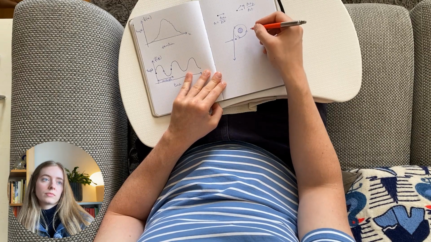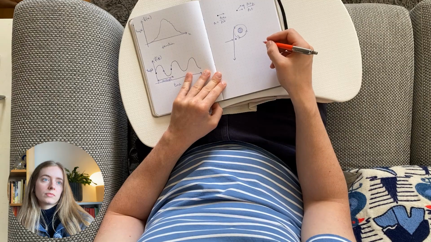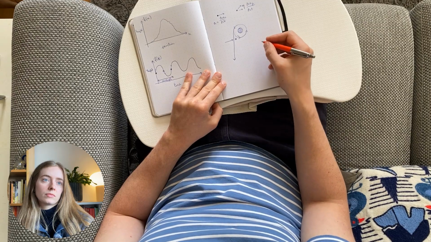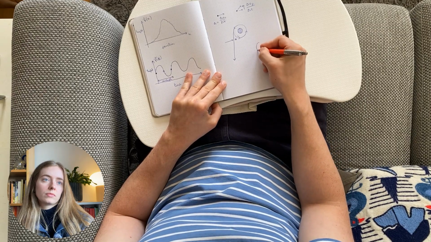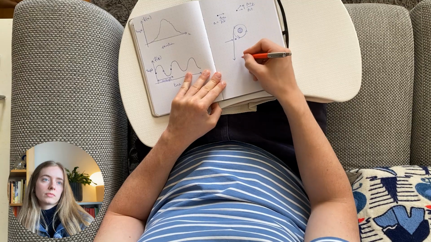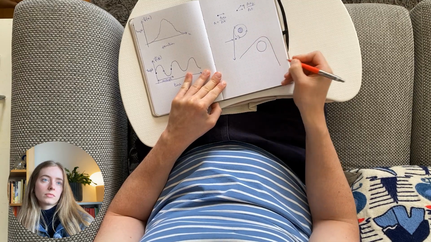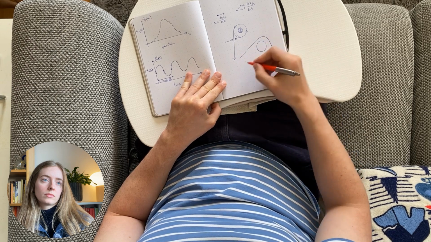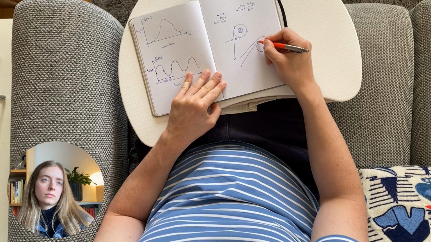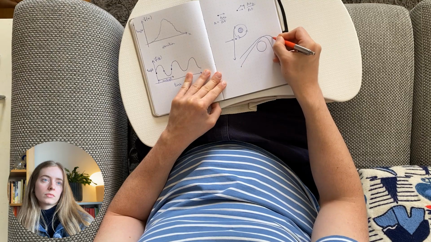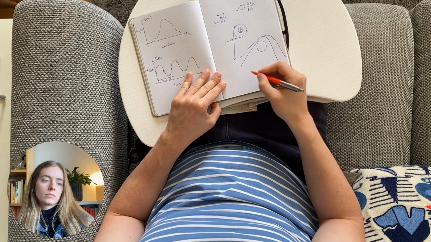But most solutions are not going to look like a perfect circle. You're going to come in and then you're going to come off. So the majority will look something like that, right?